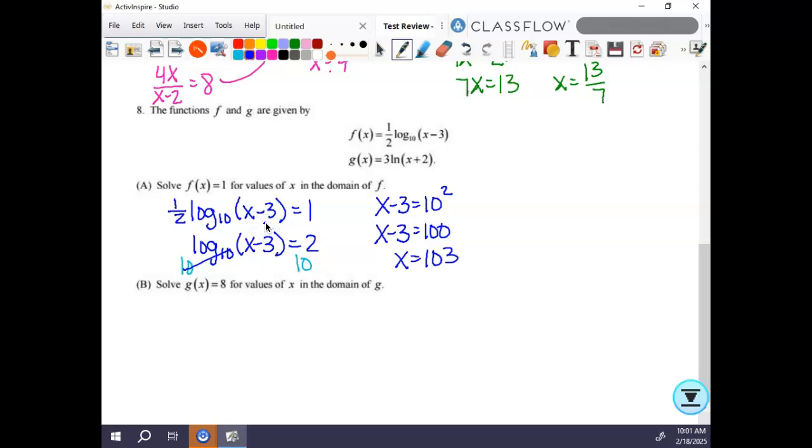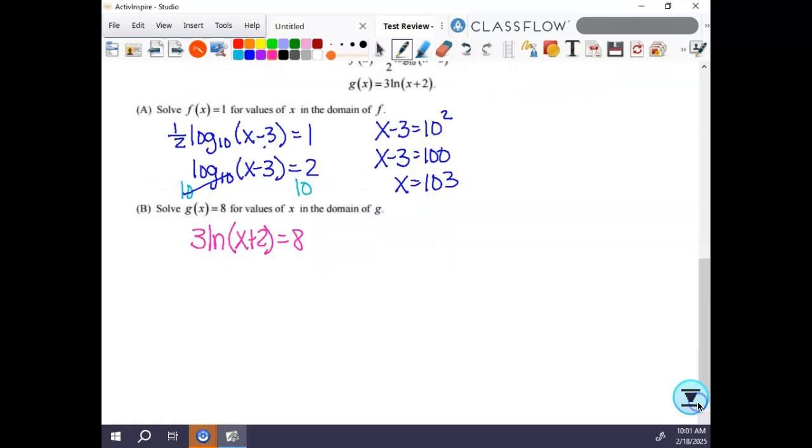All right, then g of x for 8. So 3 times the natural log of x plus 2 equals 8. All right, so again, I could make 3 an exponent, but instead I want to divide. I just think that would make it easier. So this is going to give me 8 over 3.